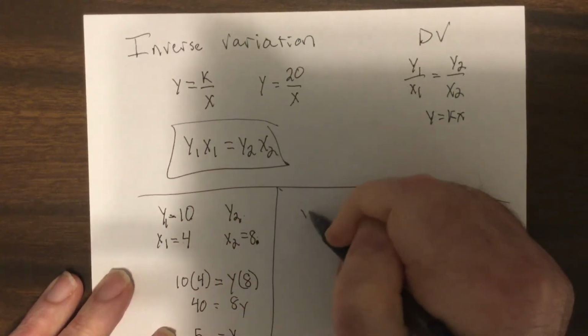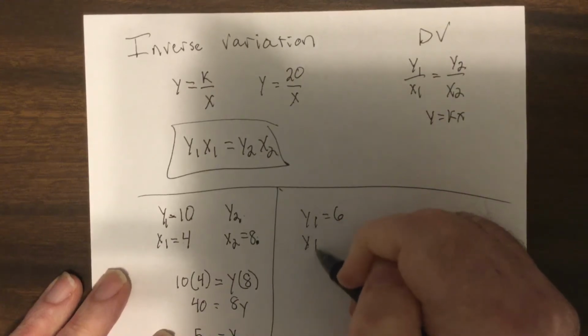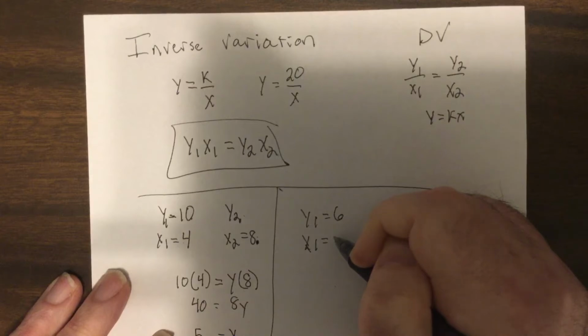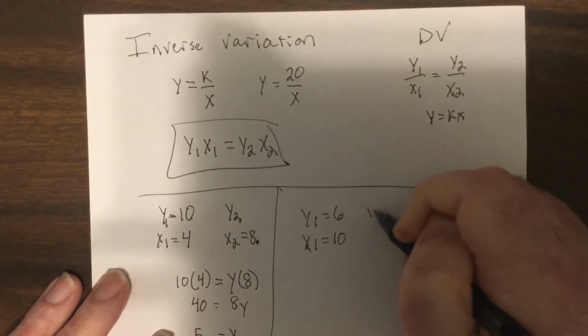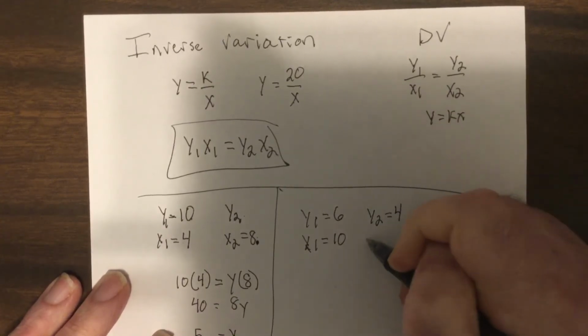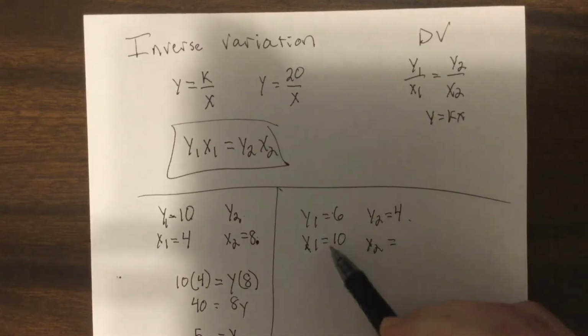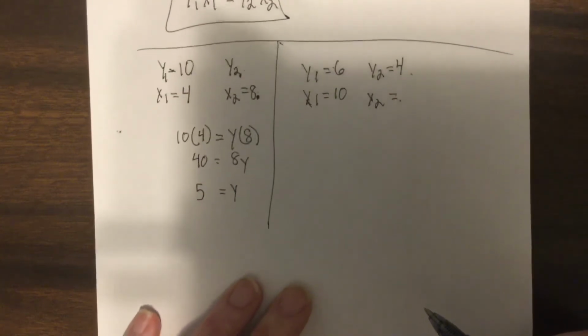So if y1 equals 6 when x1 is, well, we'll do 10. If y2 equals 4, what's x2? Well, y got smaller, so x better get bigger, or it's not an inverse variation.